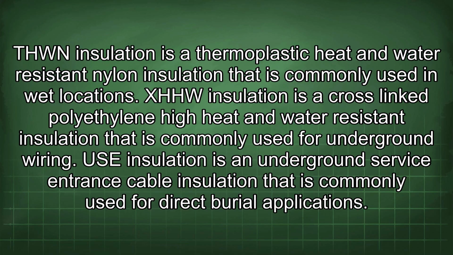THWN insulation is a thermoplastic heat and water resistant nylon insulation that is commonly used in wet locations. XHHW insulation is a cross-linked polyethylene high heat and water resistant insulation that is commonly used for underground wiring. USE insulation is an underground service entrance cable insulation that is commonly used for direct burial applications.